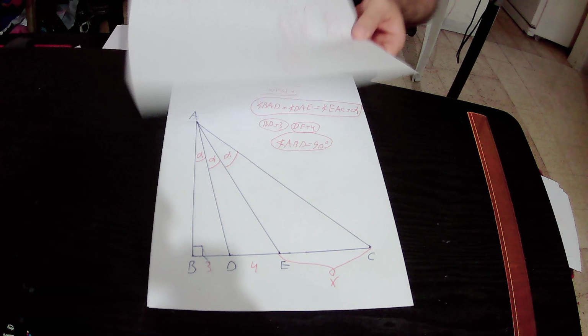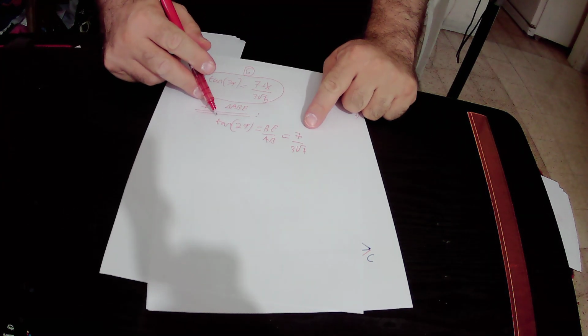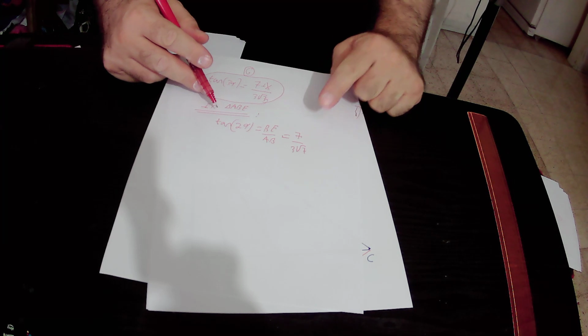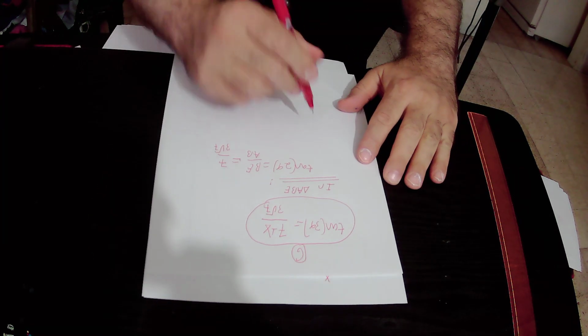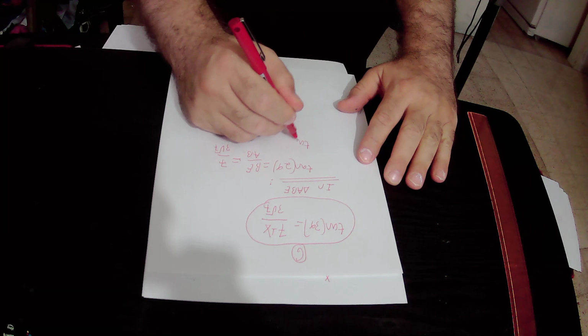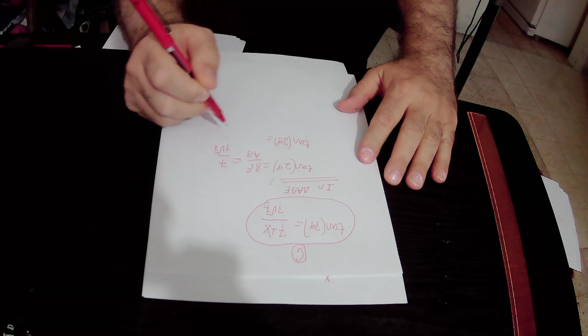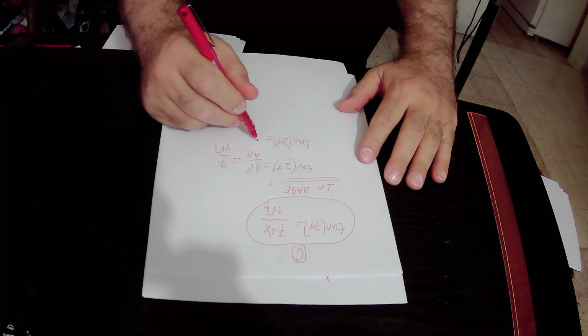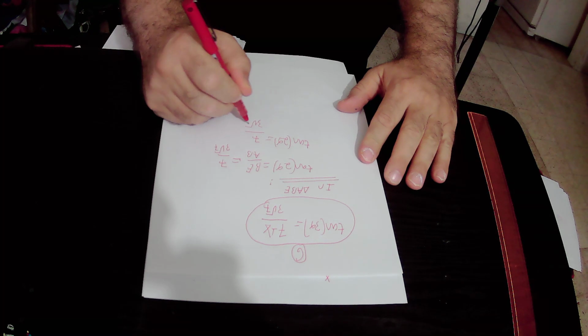So here we got that tangent 2 alpha equals 7 over 3 times root 7. So I will write it down that the value of tangent 2 alpha is actually equal to 7 over 3 times root 7.